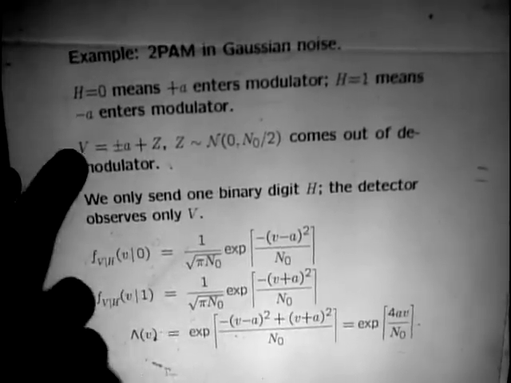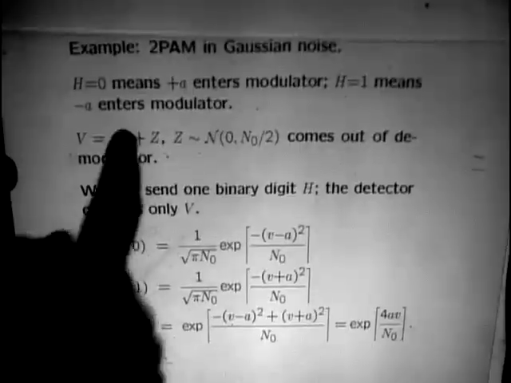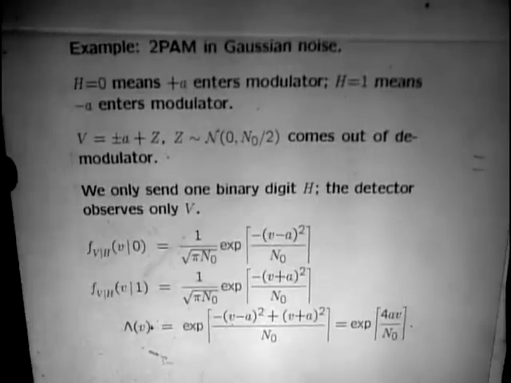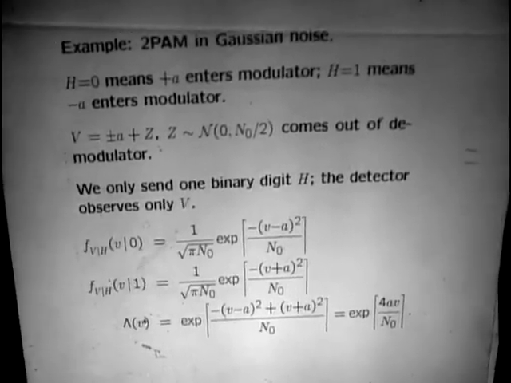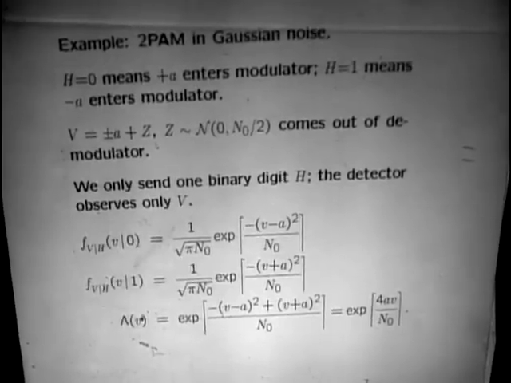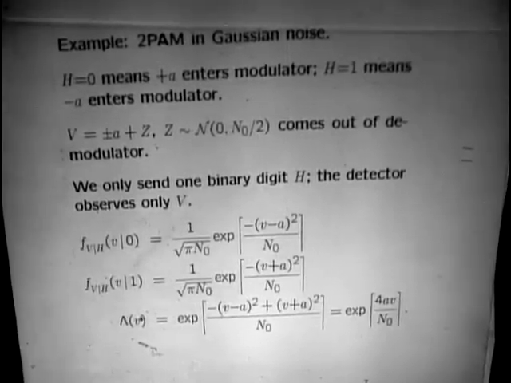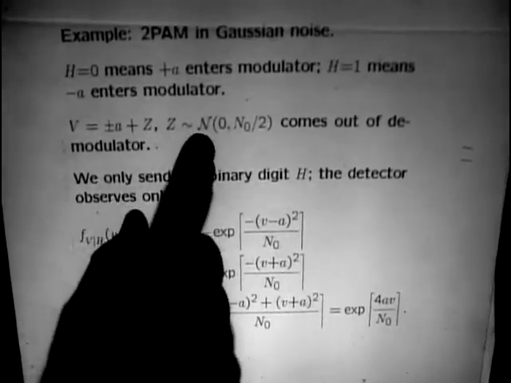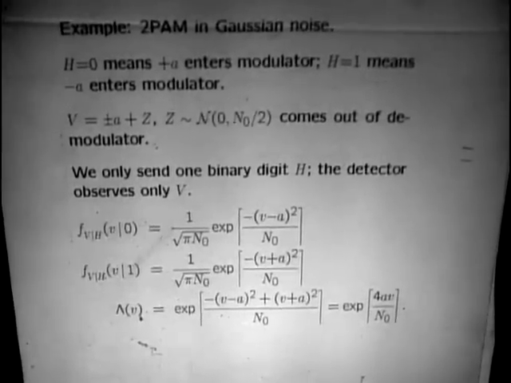Okay, so what you receive then, we'll assume, is either plus or minus A, depending on which hypothesis occurred, plus a Gaussian random variable. And here's where the notation of communication theorists rears its ugly head. We call the variance of this random variable n0 over 2.